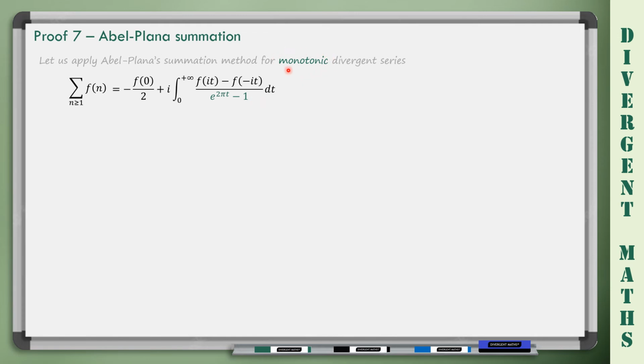Remember, because we use the formula for the monotonic divergent series, we have this denominator. If it was for the alternate divergent series, we would have 2 times hyperbolic sine of 2 pi t.